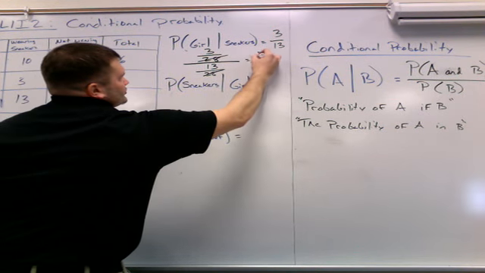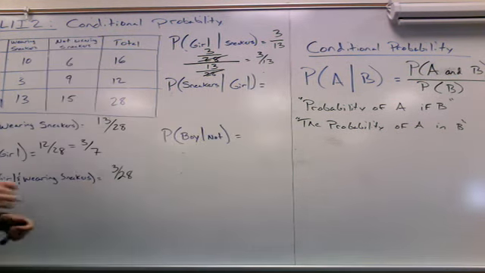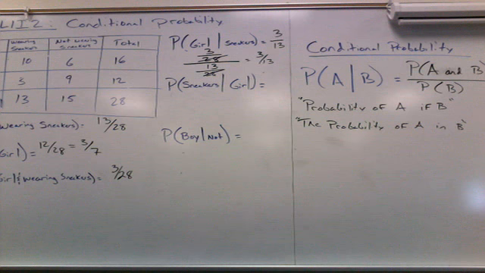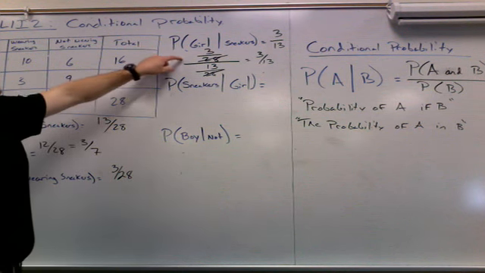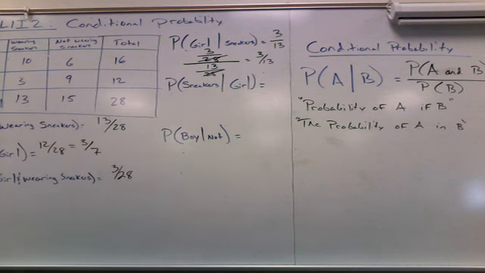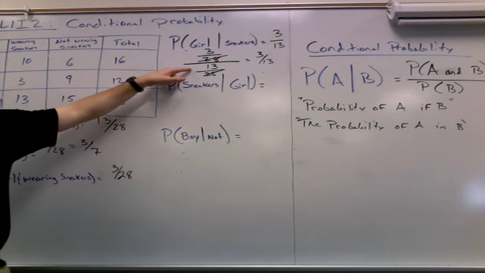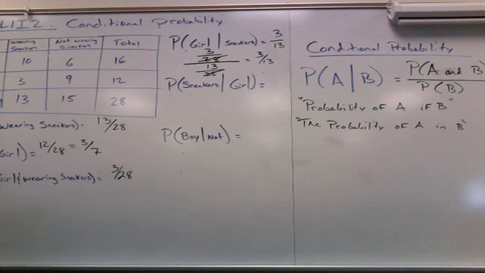So this becomes 3 over 13. Either way, we get the same answer. As long as it's in the same spot. If 28 was on the bottom of the top and the top of the bottom, then we couldn't cancel. But since it's on the bottom of both, we can cancel. Every time.